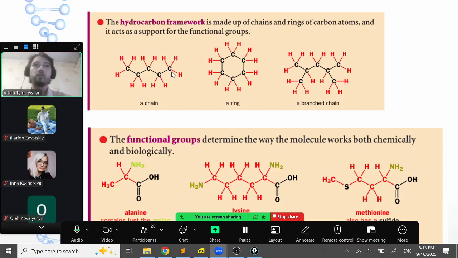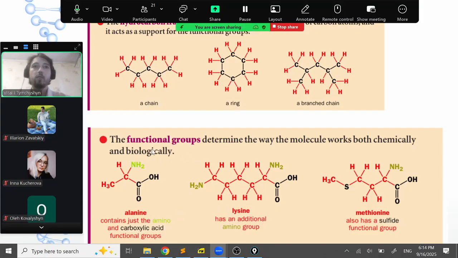It's basically the chemistry of carbon. It can be in the form of a chain, in the form of a ring, and it may support some functional groups. Hopefully you know what that is. Here you see a branched chain, a ring, and a simple chain, and so on.